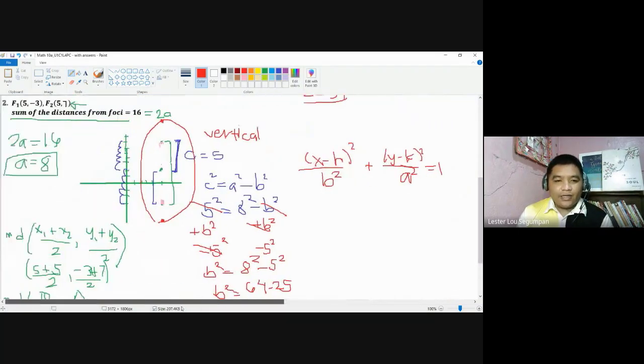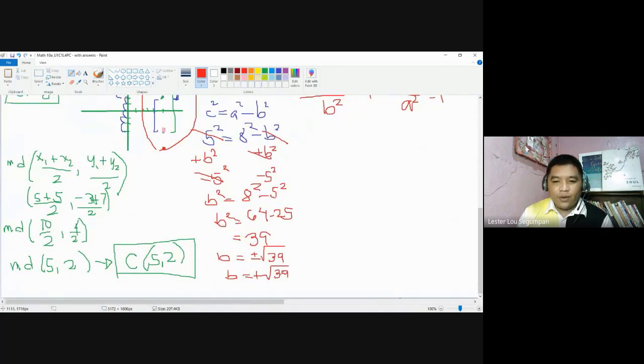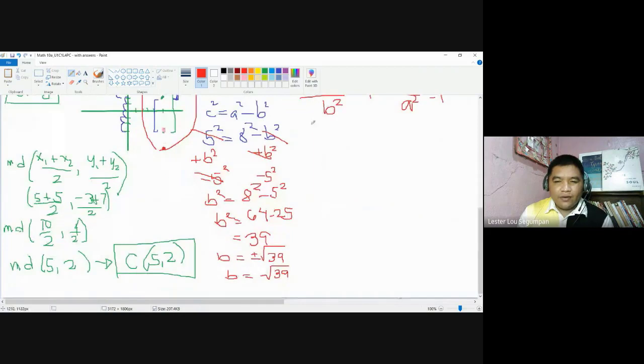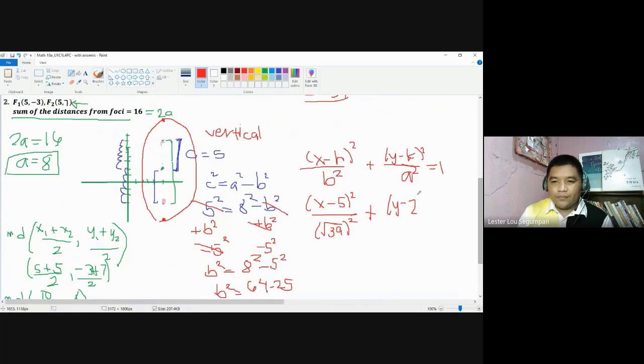So let's try. Our center is at (5, 2). a is 8, and b is the positive square root of 39. h is 5, so you have (x minus 5) squared over the square root of 39, that's your b squared, plus (y minus 2), the y coordinate of the center, squared, all over a squared, which is 8 squared, equal to 1.